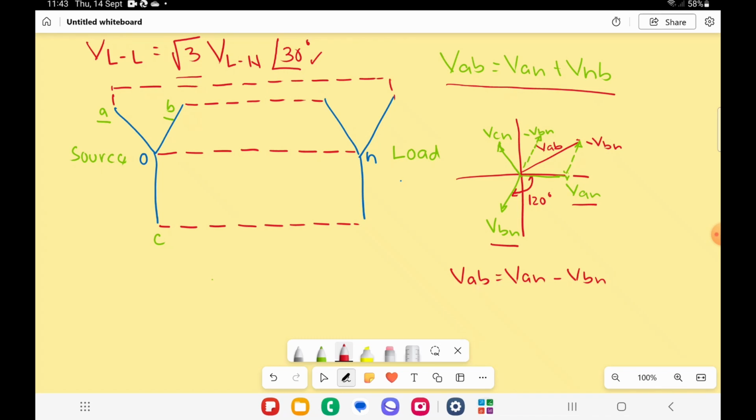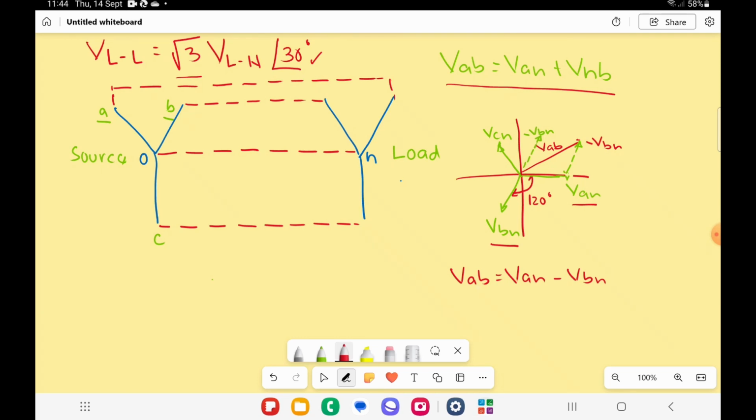Looking in the phasor diagram, how can the line voltage VAB be expressed in terms of phase voltage VAN? We will notice that the vectors VAN, negative VBN, and VAB create an obtuse triangle wherein it is difficult to solve the magnitude of the vectors.